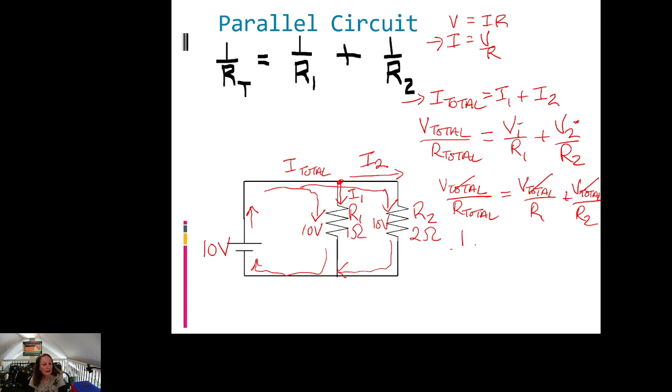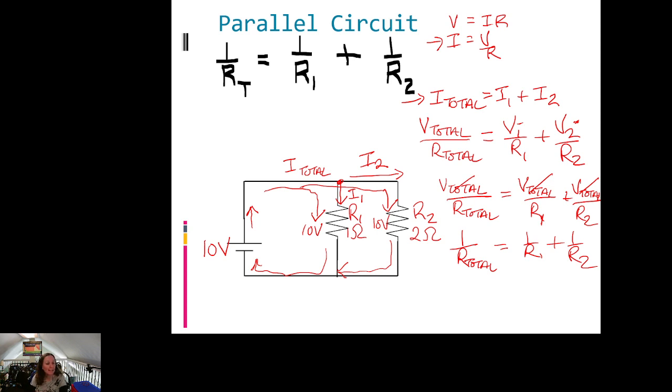So now what do we have? 1 over R total equals 1 over R1 plus 1 over R2. So when we had a series circuit, your resistance total would have equaled R1 plus R2. It's just additive, whatever resistors are in the loop, you add them up.